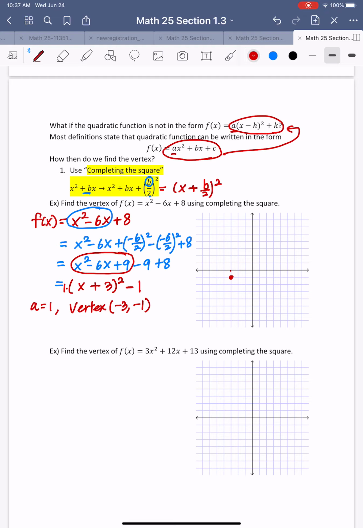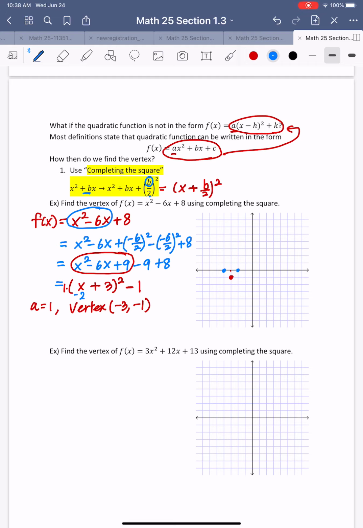And then now you can just plug it in if you want, okay? So if you plug it in as a table, if you plug in negative 2, okay, negative 2 plus 3 is 1, squared is 1, minus 1 is 0. And this is another 0 here, too. It's always symmetry.